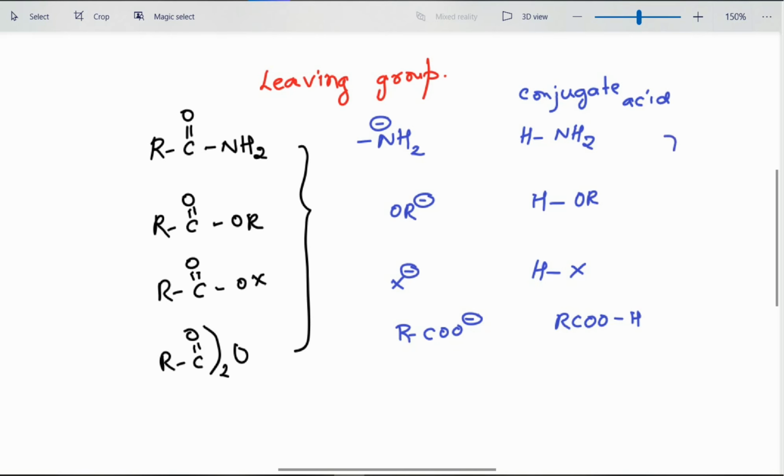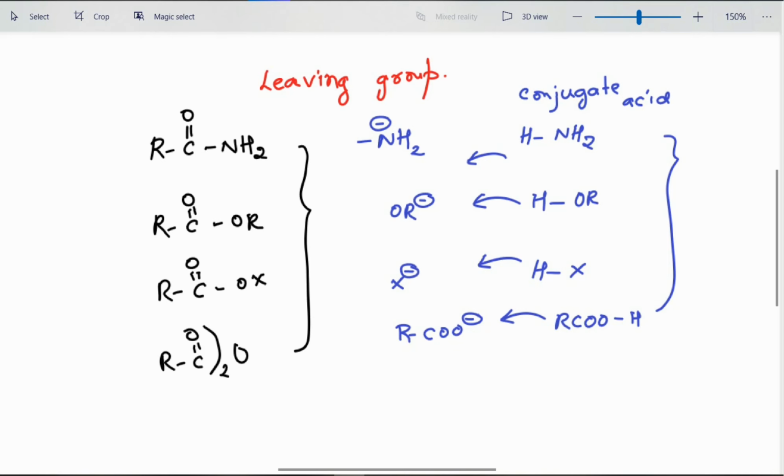Depending upon the acidic strength of these compounds, we can clearly relate their leaving group stability. The more acidic the conjugate acid, the better the conjugate base is as a leaving group.